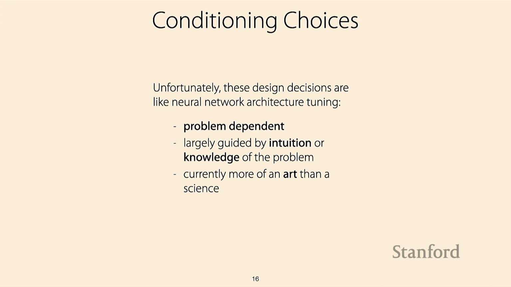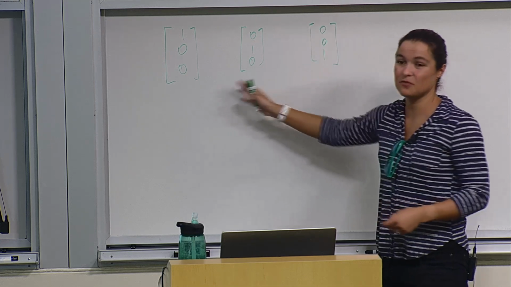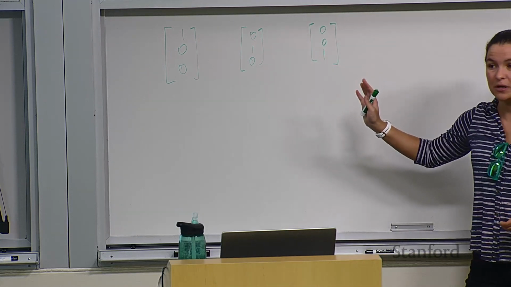In general, for the first question, the more information you give to the network, typically the better. If you give it just a one-hot vector, these one-hot vectors are orthogonal to each other, and so you're not giving it any information about how these tasks might relate to one another.